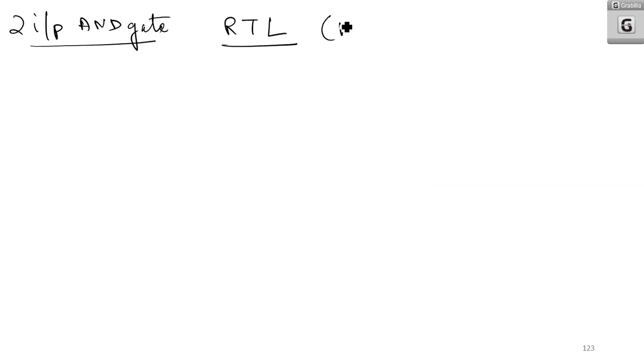Now next one I am going to explain about the 2-input AND gate using resistor transistor logic. First of all, let me draw two switches.